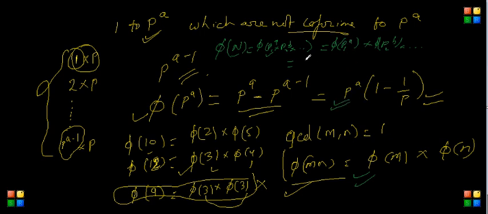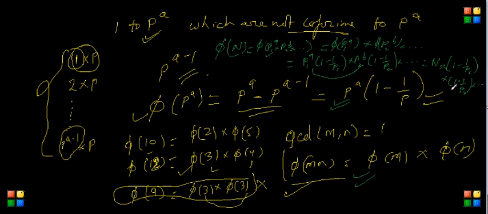From here it is p1 to the power a into 1 minus 1 by p1 into p2 to the power b into 1 minus 1 by p2, and so on and so forth. If I bring p1 to the power a, p2 to the power b together, it's nothing but my n itself, and I'm left with 1 minus the reciprocal of the first prime number, into 1 minus the reciprocal of the second prime number, and so on and so forth. And this is what we were looking to prove.